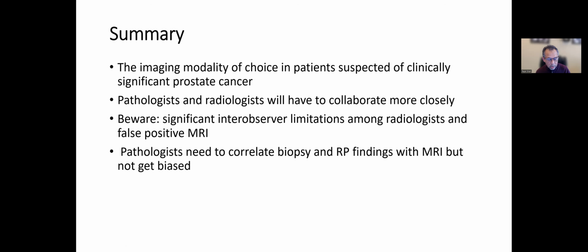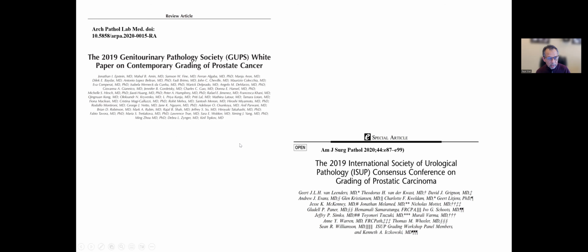Pathologists need to correlate biopsy and radical prostatectomy findings with MRI, but not get biased. I would recommend these two additional studies by two GU societies, ISUP and GUPS, for additional reading. These two papers nicely address some of these multiparametric MRI-guided biopsy issues.